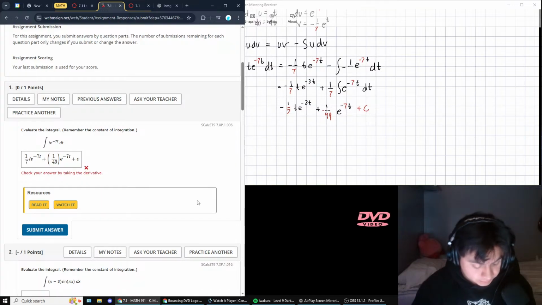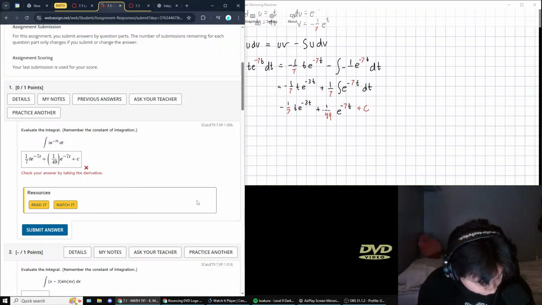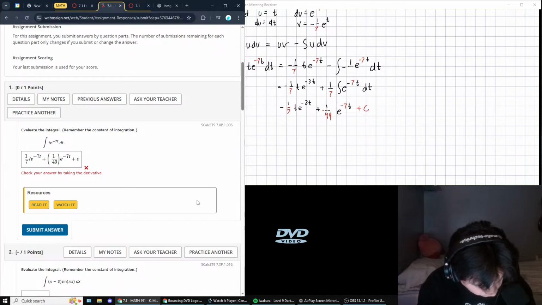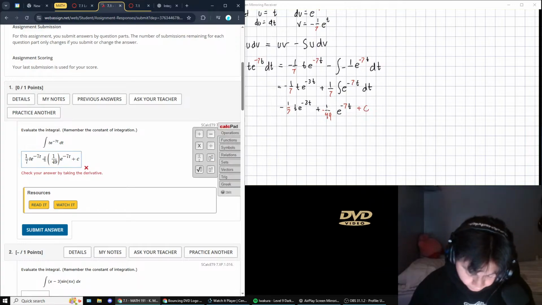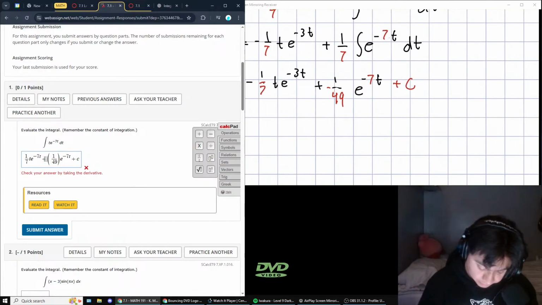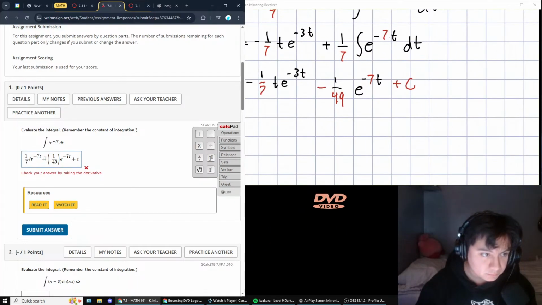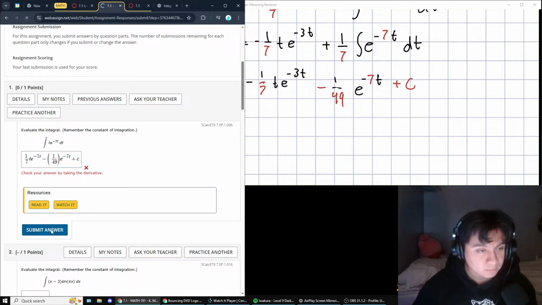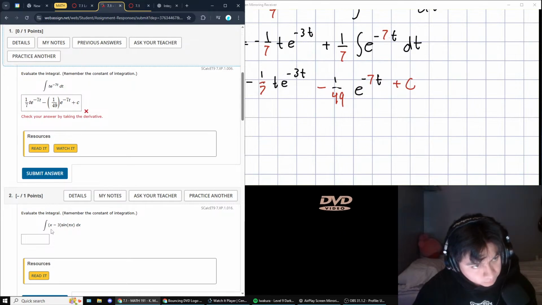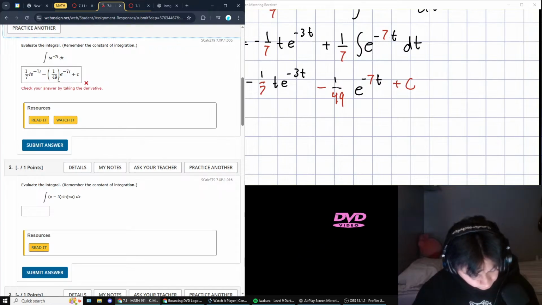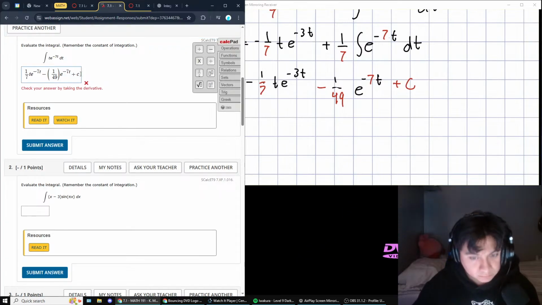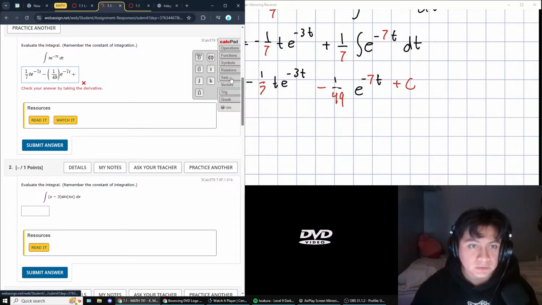They do pick it up. Oh! This is supposed to be a negative. No? Am I using the wrong symbols?